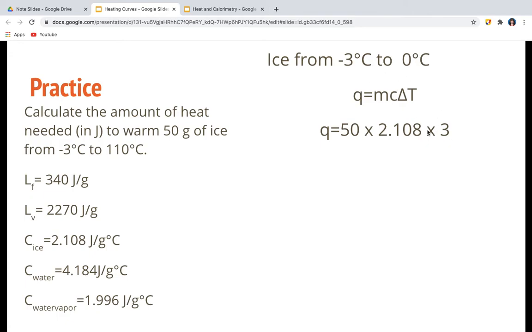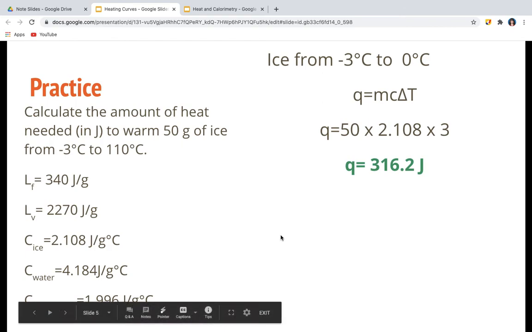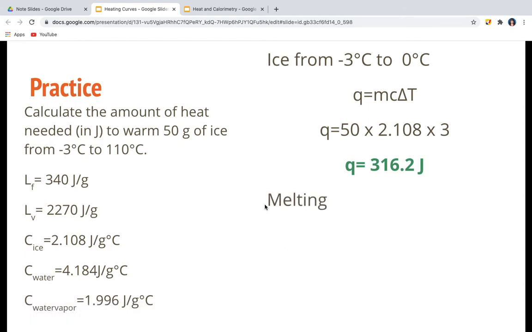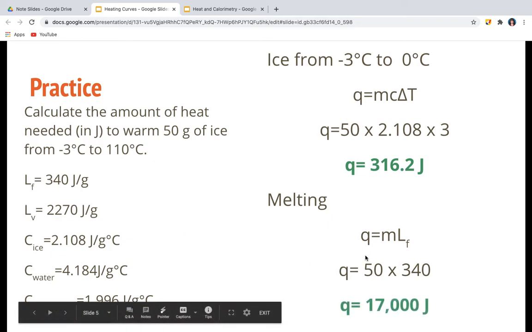That's a +3, final minus initial. So we're sitting at 316.2 joules. Second step, we're going to calculate melting. For that, we're going to use the equation mass times LF. So we have 50 times 340. That gives us 17,000 joules.